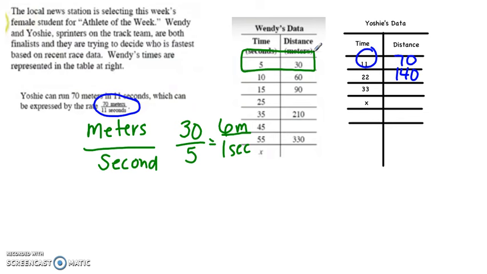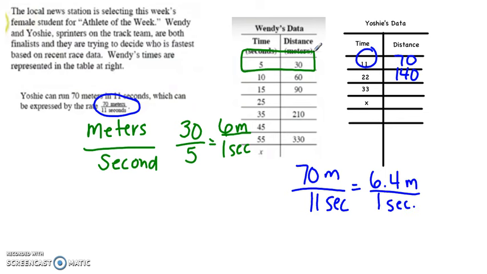So I can continue to fill out the data there and use that to help me, or I can just set my rate of 70 meters per 11 seconds and divide 70 divided by 11, and I get 6.4 meters per 1 second. See, now that I created a unit rate in which they're both compared with 1 second, I can see that Yoshi goes faster than Wendy does because she goes 0.4 meters more than Wendy.